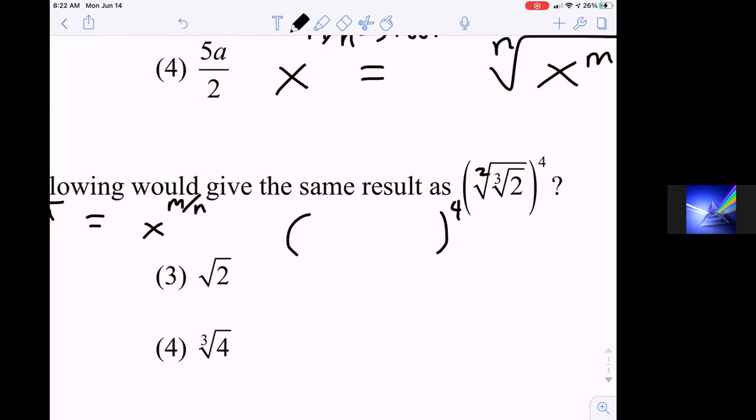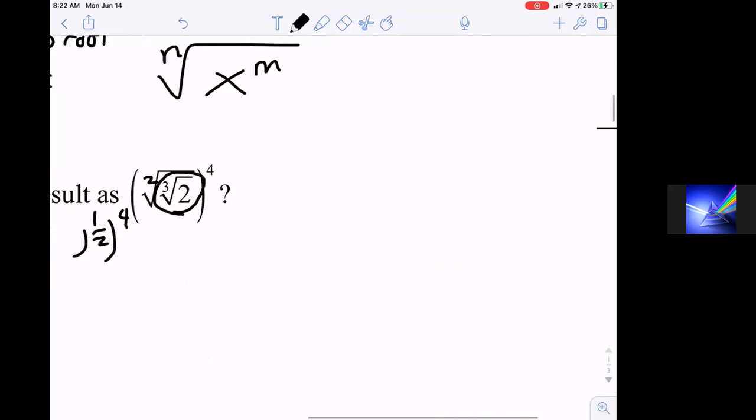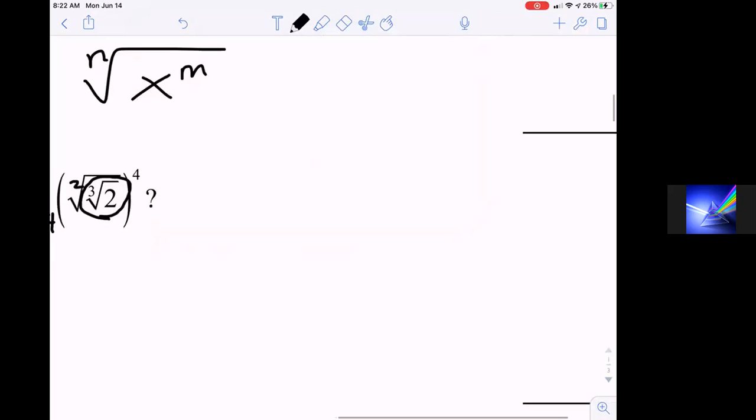The whole outside is raised to the 4th power. Then if I look at what's going on the inside, I'm raising something to the 1/2 power. So I'm going to make parentheses to the 1/2 power. And then inside those parentheses is, well, the inside function, which is this one right here, the cube root of 2. Okay, recall that the cube root of 2, that's cube root of 2 to the 1 power.